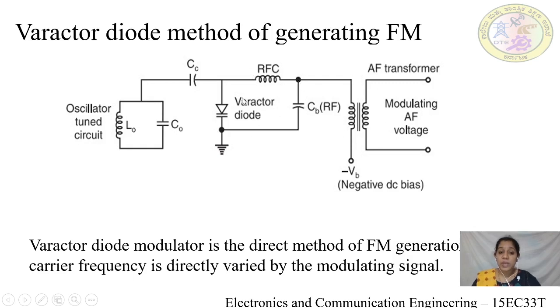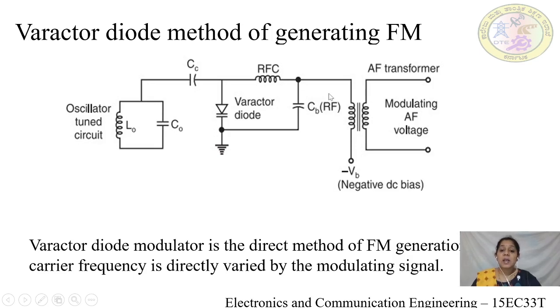Now this varactor diode is reverse biased by the negative bias voltage, that is minus VB. The audio frequency, that is the modulating AF voltage, is in series with the reverse bias voltage.